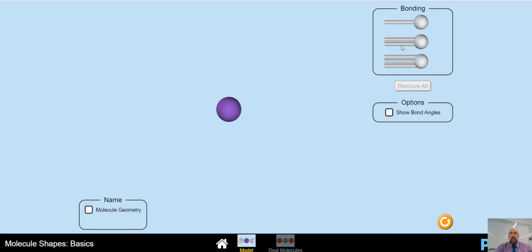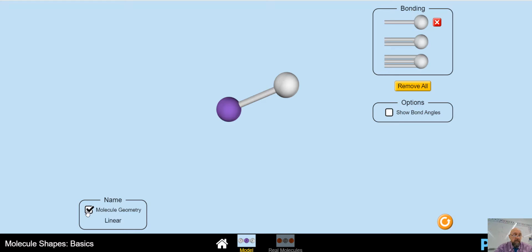Alright, so this is basically our starting atom, and we can add one other atom to it. You're not going to move this thing around, and what you'll find is that it's pretty straightforward. If you've only got two atoms and one bond, and I ask you what the geometry is, you would probably say linear.